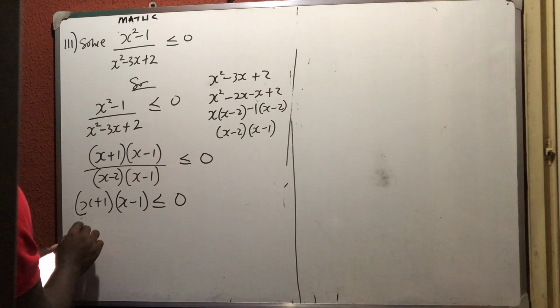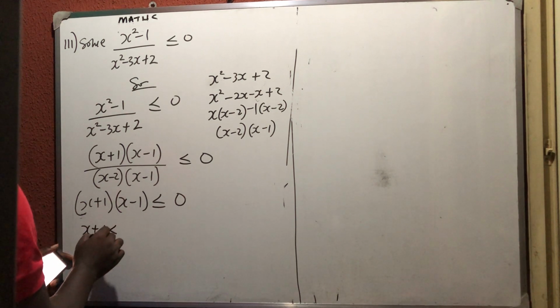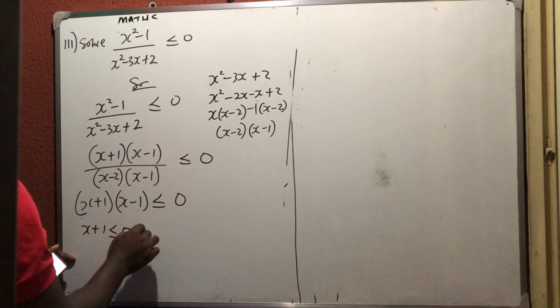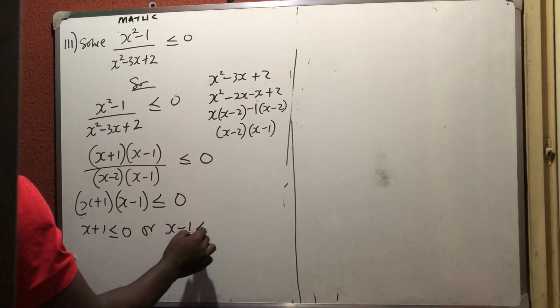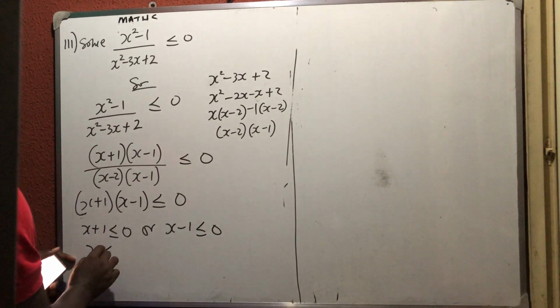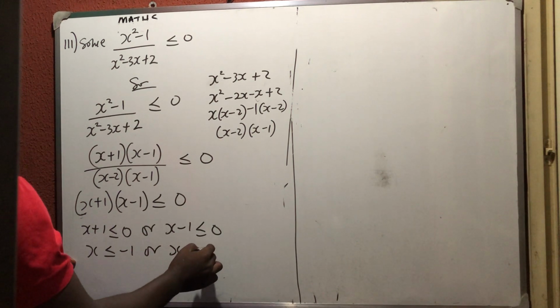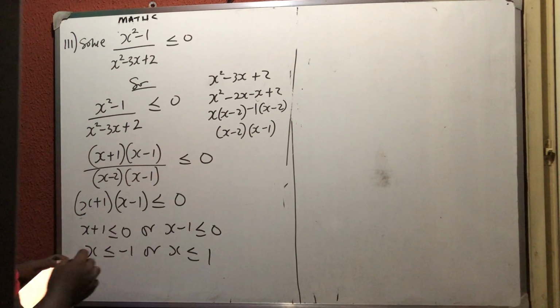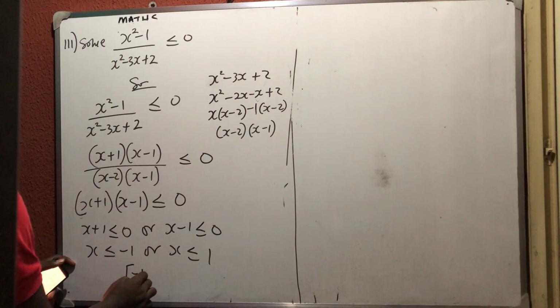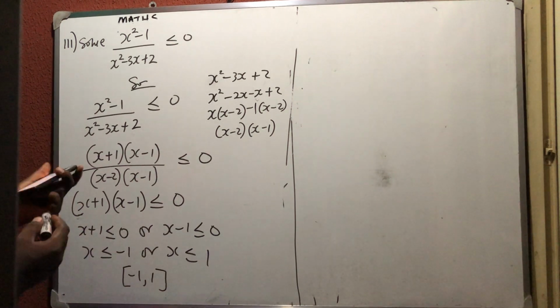Therefore x + 1 ≥ 0 or x − 1 ≥ 0. So I have x ≤ −1 or x ≤ 1. So here I'm having [−1, 1]. That is what I'm having here.